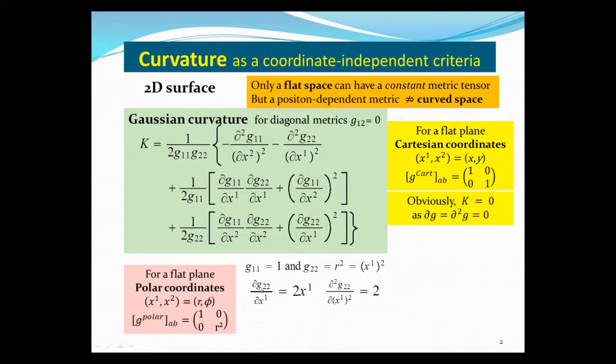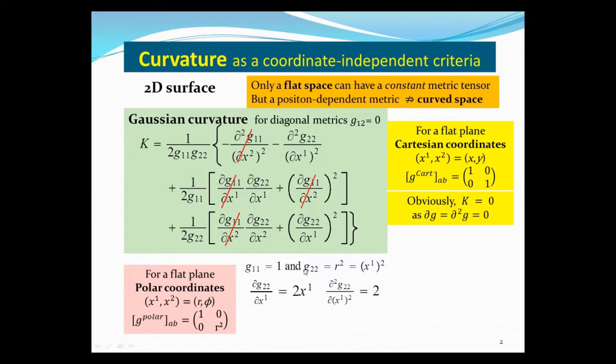Differentiating G22 with respect to x1, I get 2 x1. Differentiating the second derivative of G22 one more time, I get a factor of 2. Now let's see. For these coordinates, in principle we should also get 0, because that shows it's coordinate independent, so I can use the Gaussian curvature to decide whether space is curved or not.